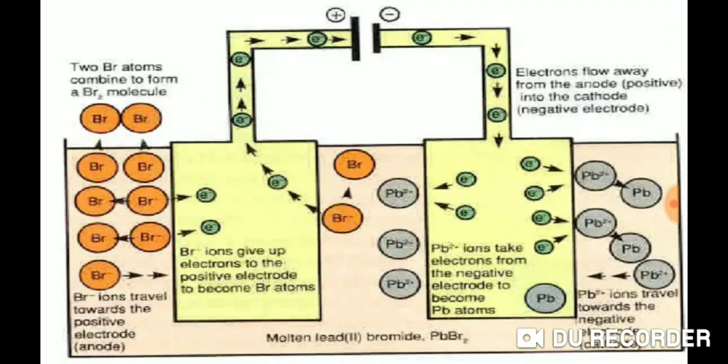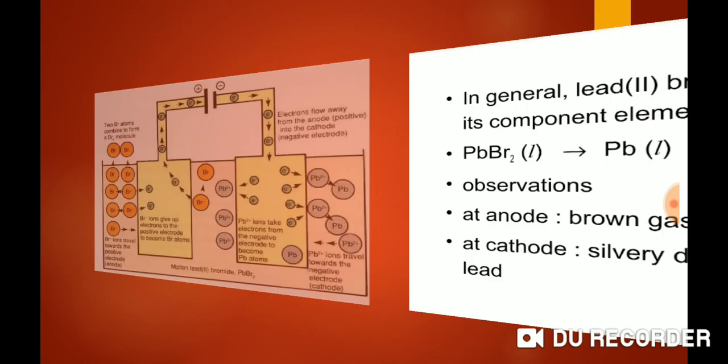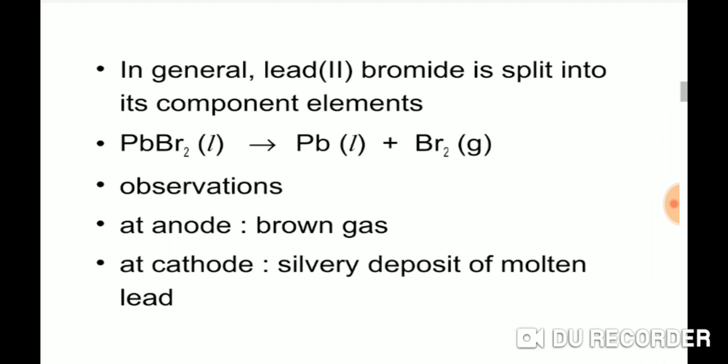This is the overall flow of electrons, and we have seen what kind of substances are obtained at the cathode as well as at the anode. In general, lead bromide splits into its component elements. PbBr2 forms lead plus Br2. At the anode, bromine gas is obtained, which is brown in color, whereas at the cathode, a silvery deposit of molten lead is obtained.